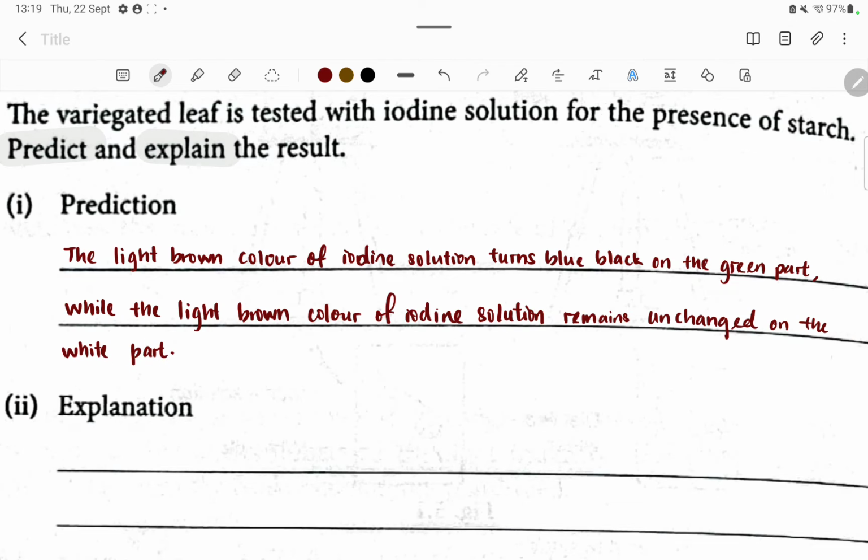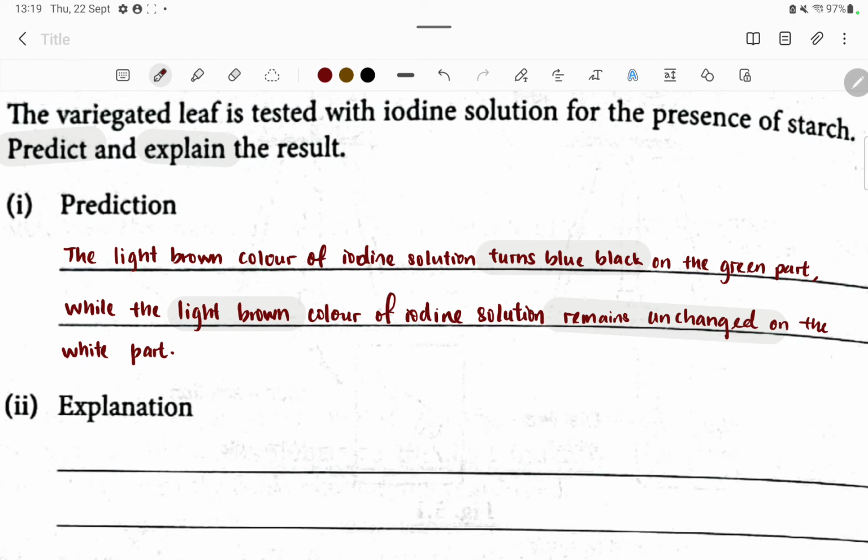Okay, and then after that, you have 1 mark for turns blue-black, and the other one, light brown remains. 1 mark for the green part, 1 mark for the white part.